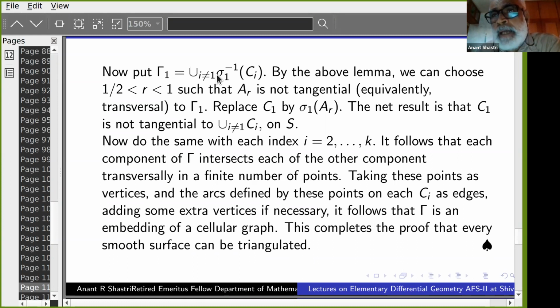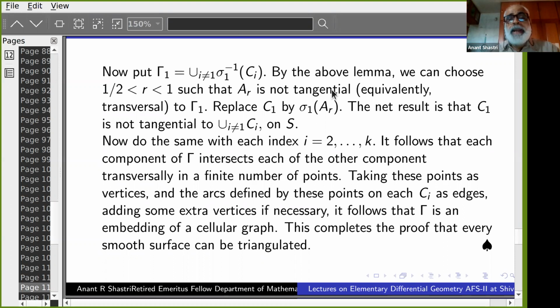Look at all the other curves which are coming inside this one particular surface patch. How do you look at them? By taking sigma inverse. Now this gamma 1 is a finite set of curves, namely i not equal to 1, where i ranges from 1 to n. So I have so many curves here, and they are all inside my disk D2, because sigma 1 is defined from D2 to S.